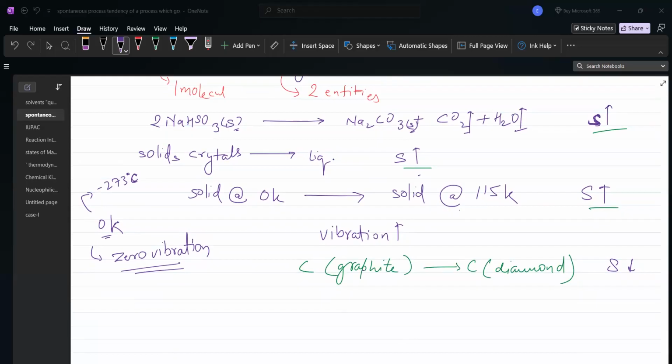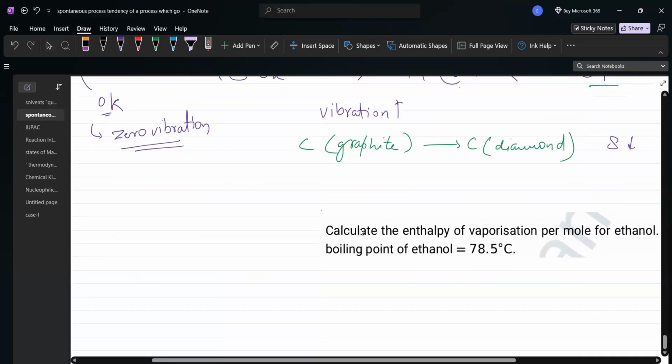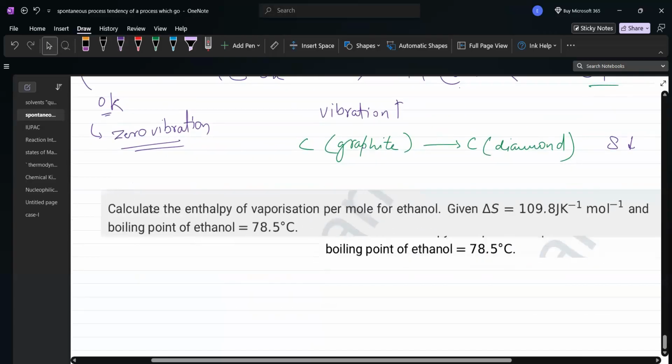Now there are some numericals also, like calculate the enthalpy of vaporization. Let me show it to you. This was a question in your homework.